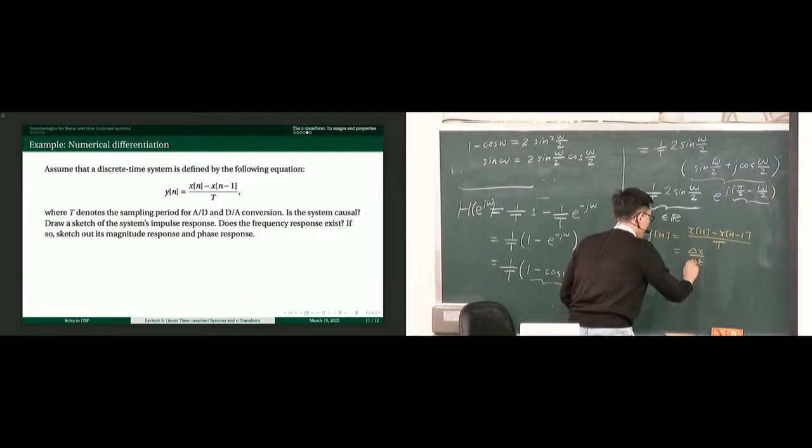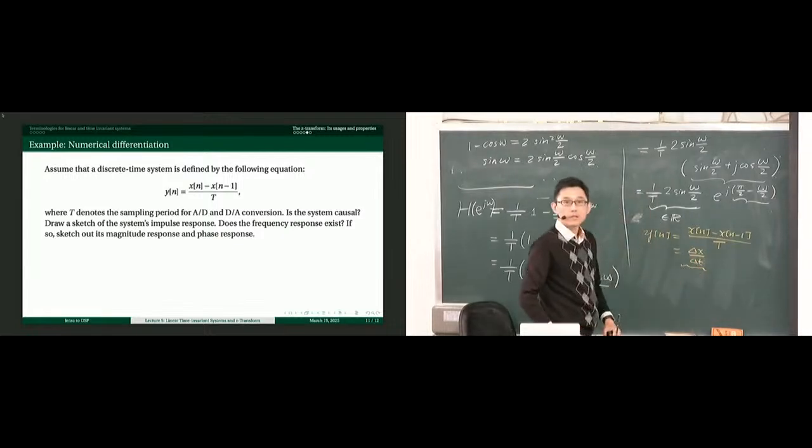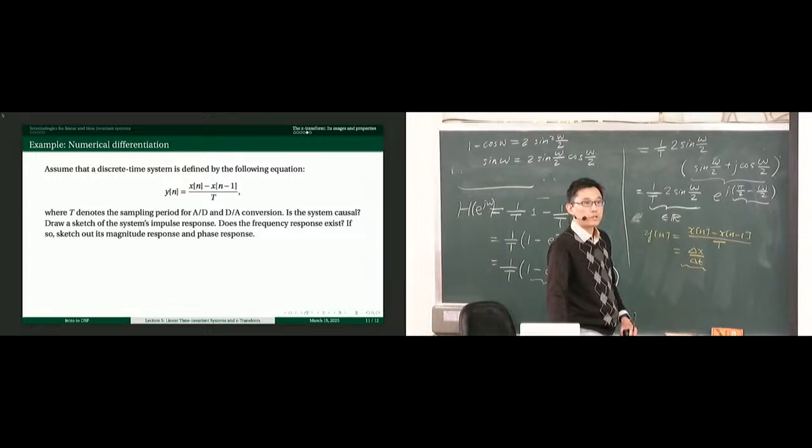And we know that when delta t approaches 0, it's essentially a numerical calculation of differentiation, 变成数值的微分的数值逼近了. Is that clear? Does that make sense?